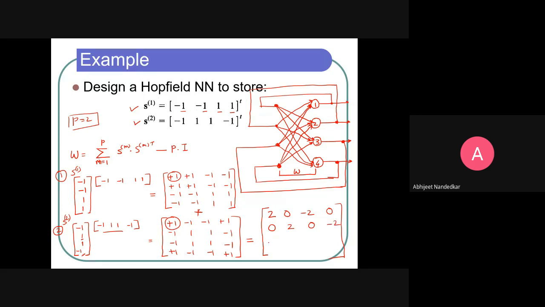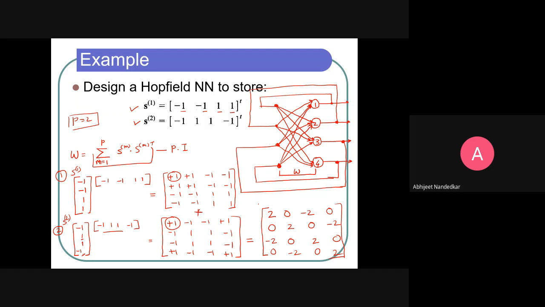Okay, I think minus 2, 0, 2, and 0. Last one, 0, minus 2, 0, plus 2. So this is our addition. So this part is over, this calculation is over.